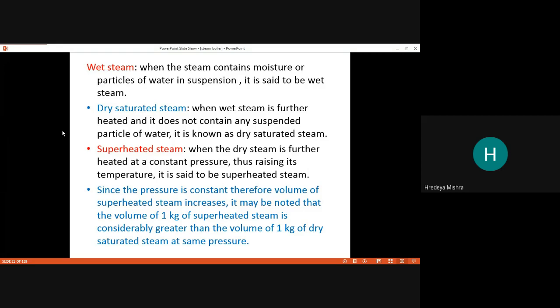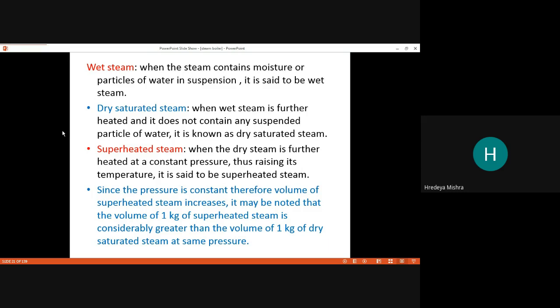Since the pressure is constant, the volume of superheated steam is increased. It may be noted that the volume of 1 kg of superheated steam is considerably greater than the volume of 1 kg of dry saturated steam at the same pressure.